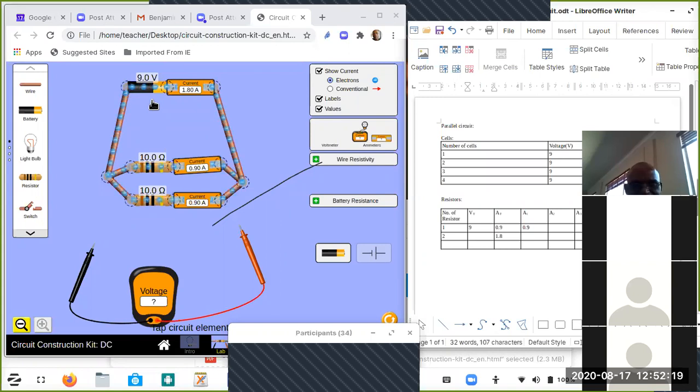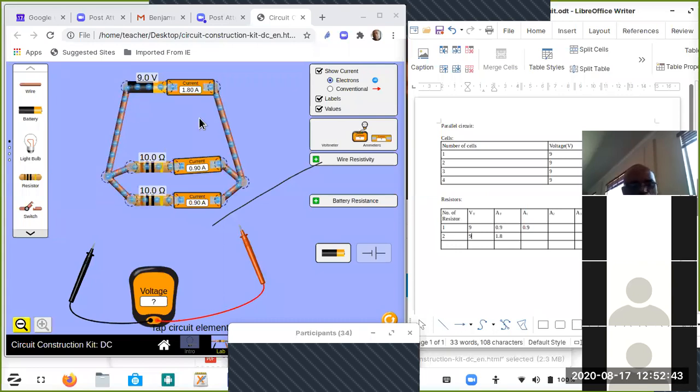If you check, 0.9 there has got A, which means it's current. Voltage is measured by a voltmeter, and a voltmeter is represented by V. So it's 9 volts. That's the total voltage produced by the cell.